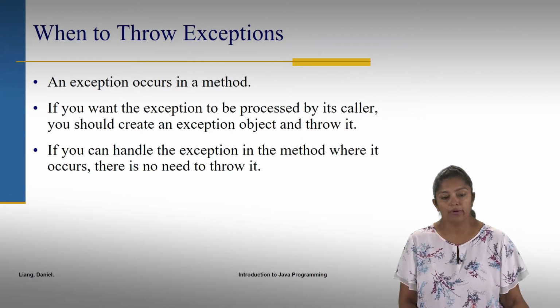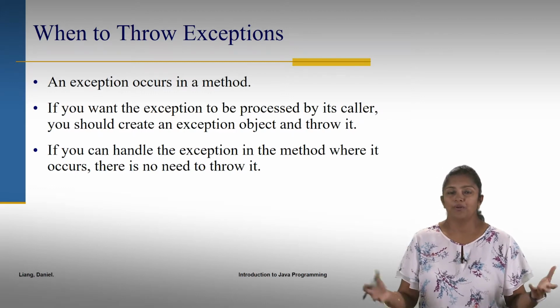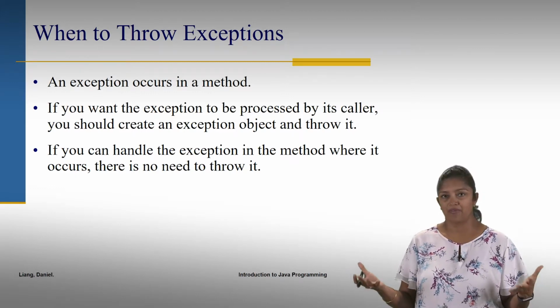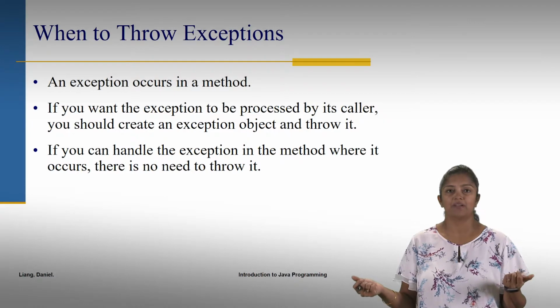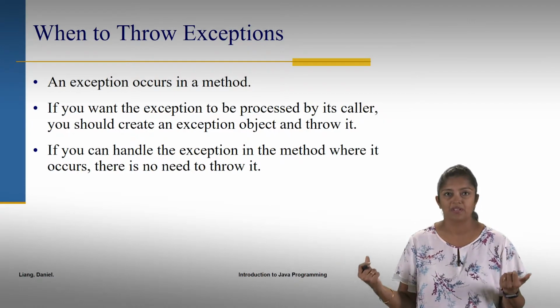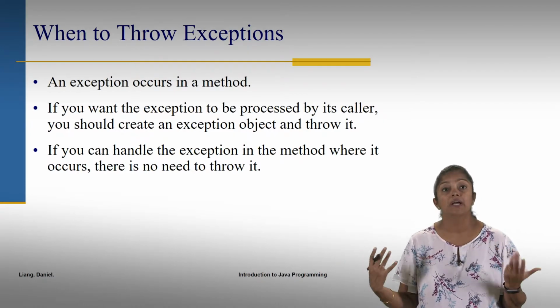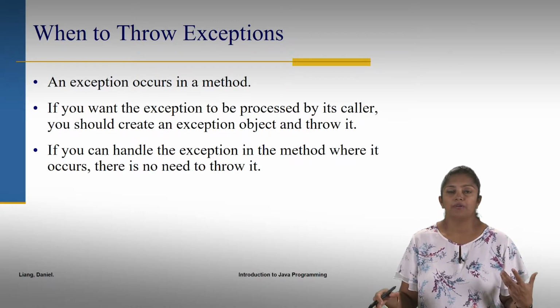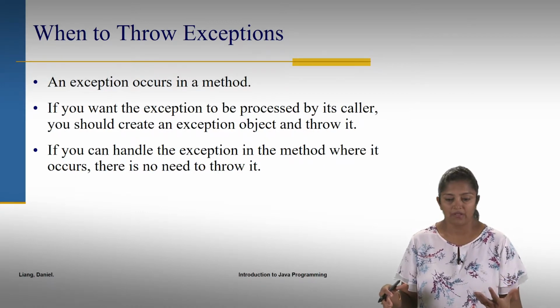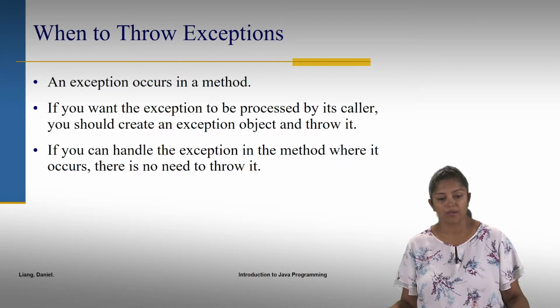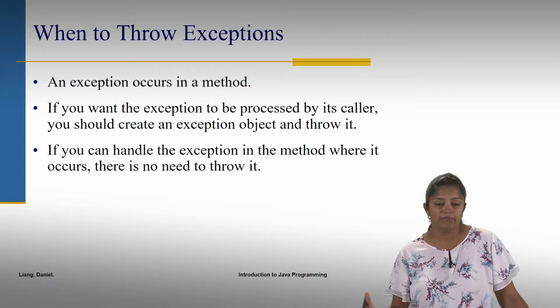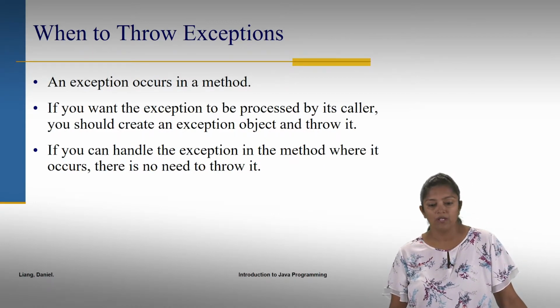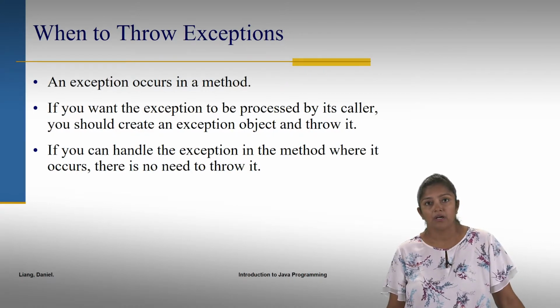Now, when to throw exceptions, like I showed you two ways. Whenever you're using an object that has checked exceptions, and you're forced to use exception handling, there you have to decide whether you're going to handle it yourself in the method where it's occurring, or do you just throw the exception. So basically the way to decide on that is to see if you have sufficient information to handle it.